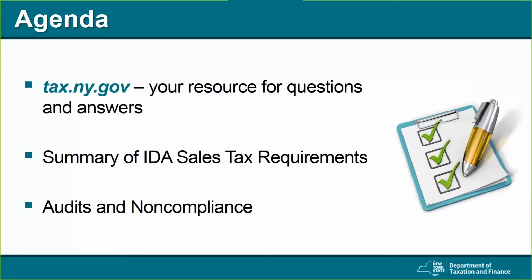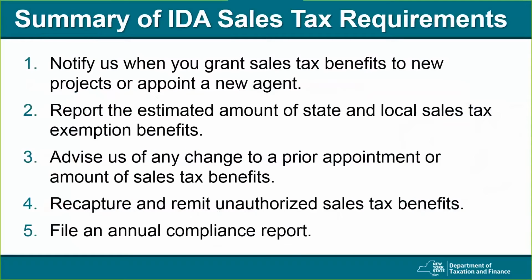So with that, we'll get started on the webinar, and we will begin just with an overview of the notification and reporting requirements. So here are the 5 basic requirements regarding sales tax reporting to the tax department. First is to notify us when you grant sales tax benefits to new projects or appoint a new agent. Second, you have to report the amount of state and local sales tax exemption benefits to us.